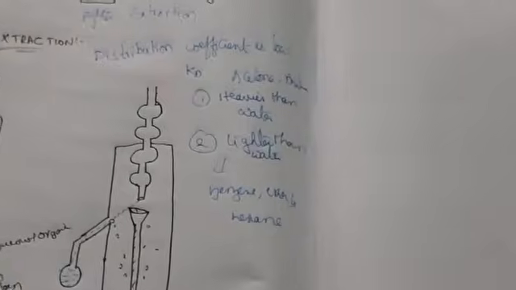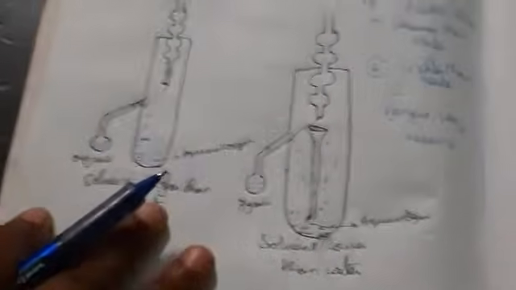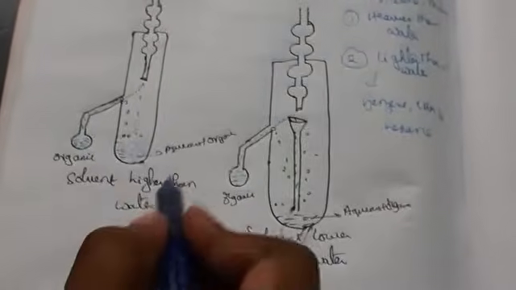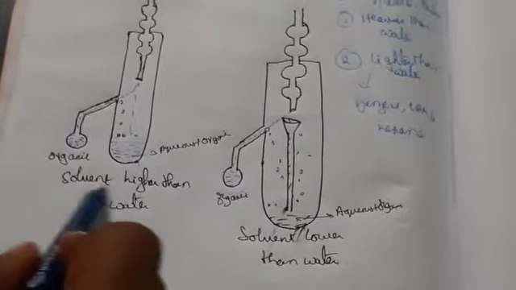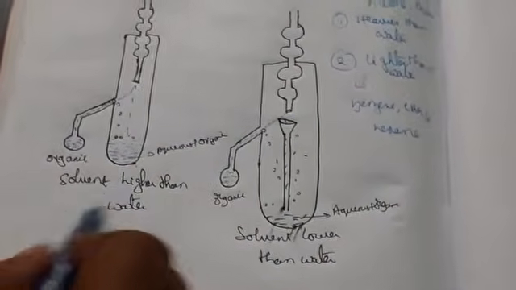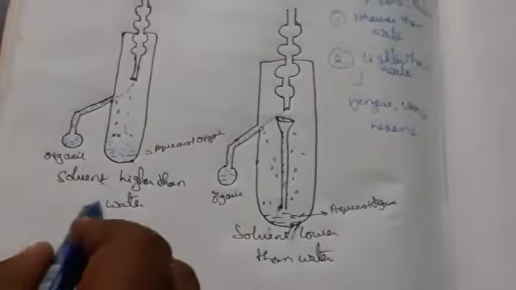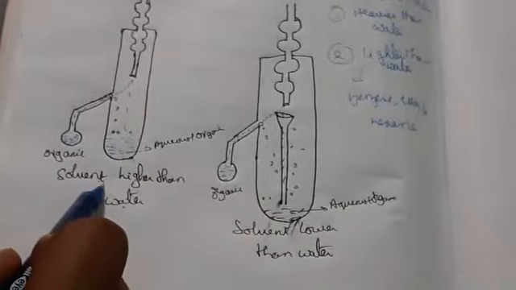Okay, so now what happens? Let us see the first condition, if you take heavier than water. Here, this is the solvent which is heavier than water. So it has a higher distribution coefficient than water. Water has a lower distribution coefficient and the solvent has a higher distribution coefficient.